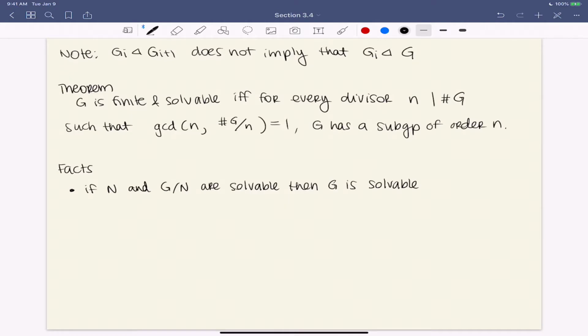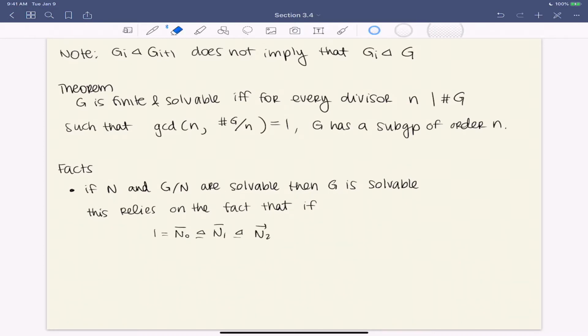And this relies on the fact that if you have 1 equal to N-bar, and I'm just going to write the little normals here and bars, and here I'm talking mod N with abelian quotient, right?